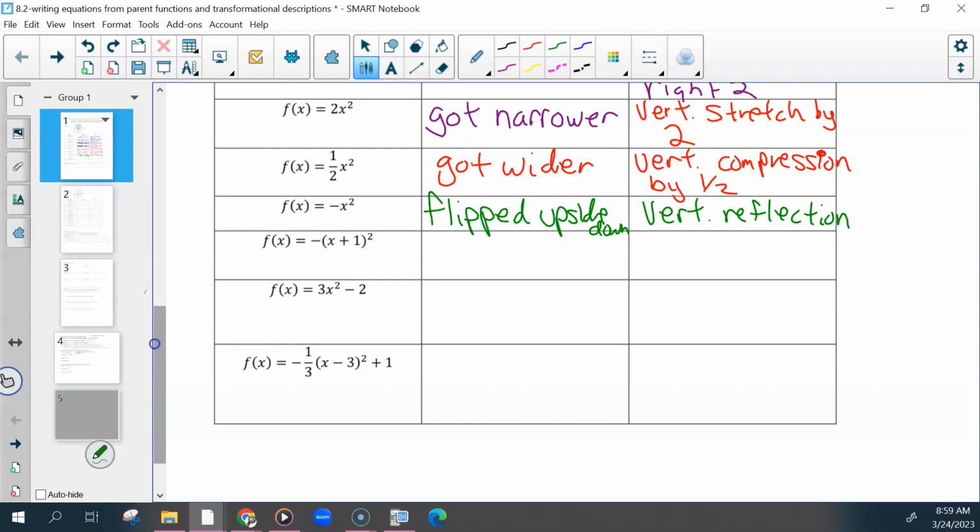So let's look at this one. You can graph it if you need to. Try to compare this to some of our other ones. What would have changed if we graphed this, if we compared it to the original? It would, for this one, not right, but left, and then 1.